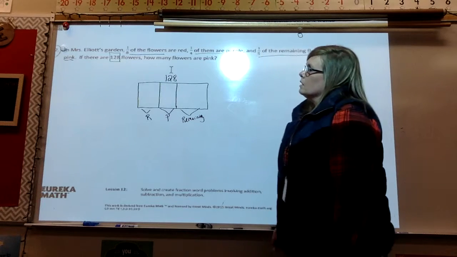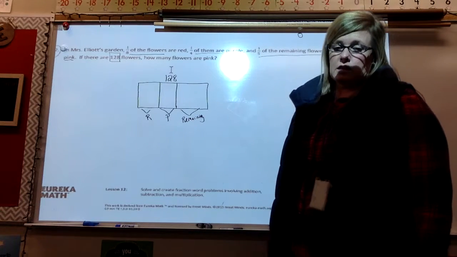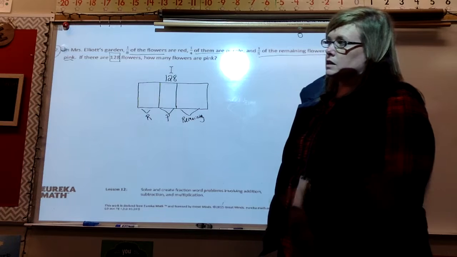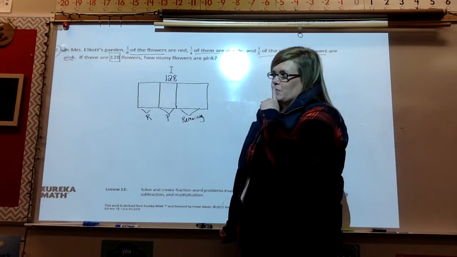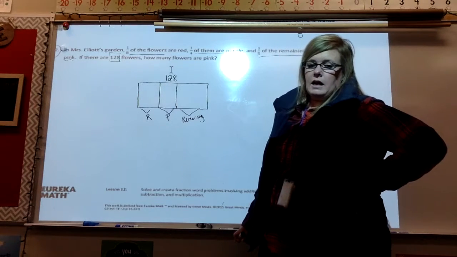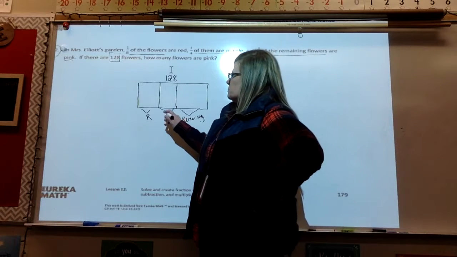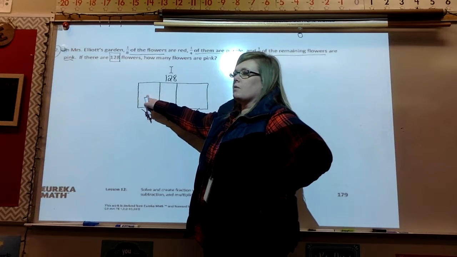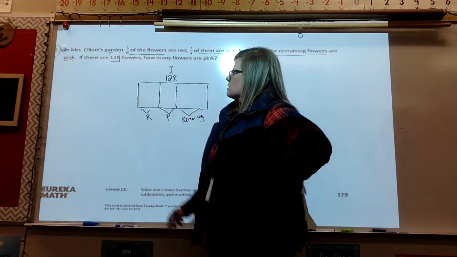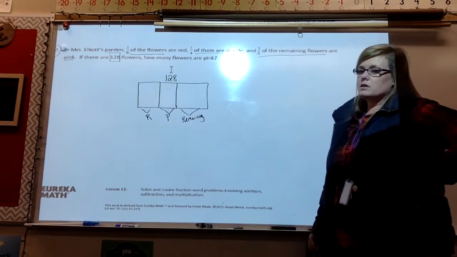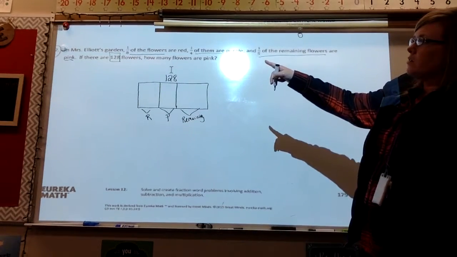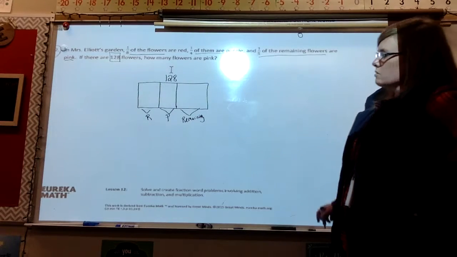Okay. So the very first thing I need to do is find out how many red flowers there are. So if we go up to the problem, it says that 1/8 of the flowers are red.